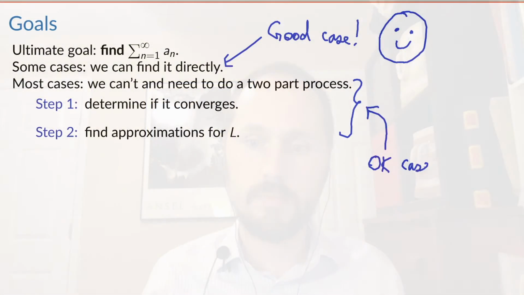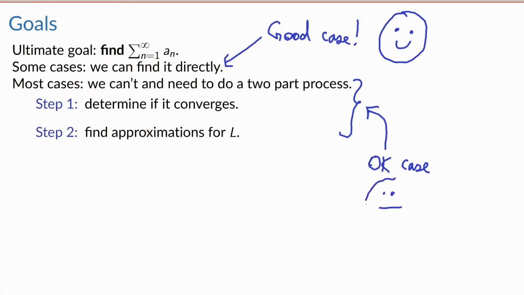So this is just sort of the okay case, and I'll draw a flat mouth. The good case is going to make us very happy. This case, unfortunately, is the typical one. There's no such thing as a free lunch. We're going to have to work a little bit to deal with this.